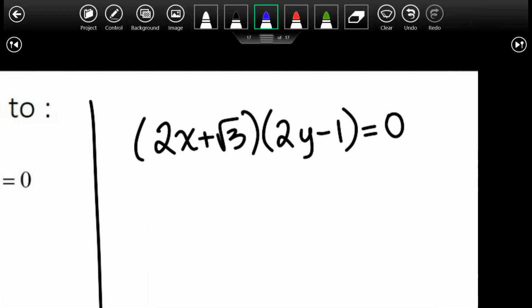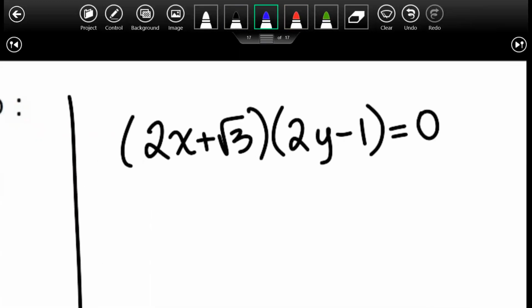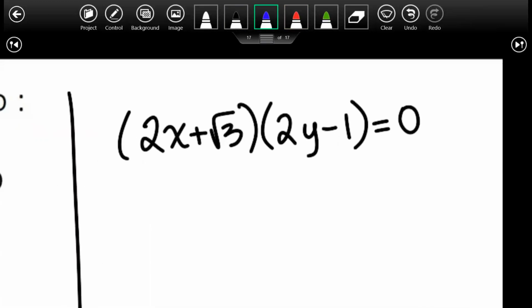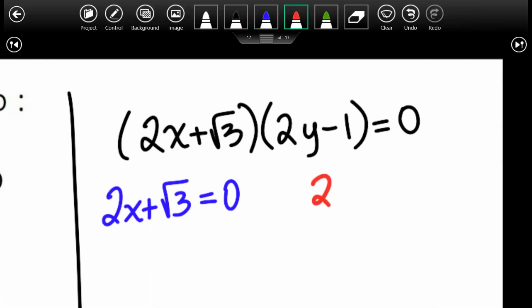It's factored. Once it was in factored form, what do we have to do to solve for it? Then we just set these equal to 0, right? Because we can use the zero product property to help us solve for these top values.